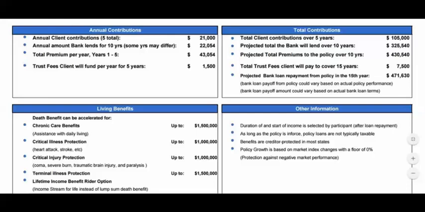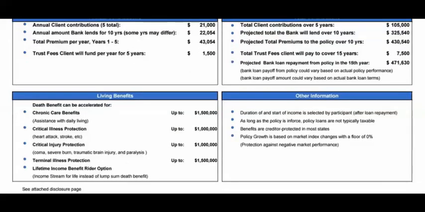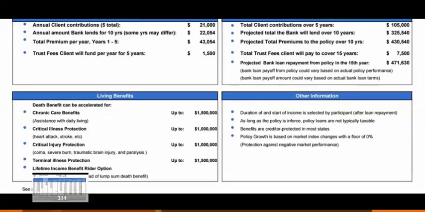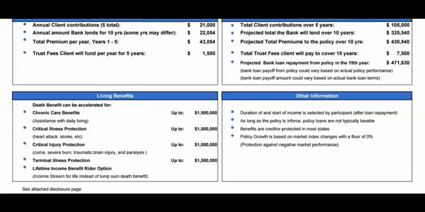If you literally had any problems with a heart attack, stroke, you can get up to $1 million, coma, severe burn, traumatic brain injury, paralysis, an additional $1 million, and then lastly, any kind of terminal illness, whatever it is, you can access up to $1.5 million. This is not taking away from that retirement money. This is literally both. So you could actually use this and still have that retirement income.